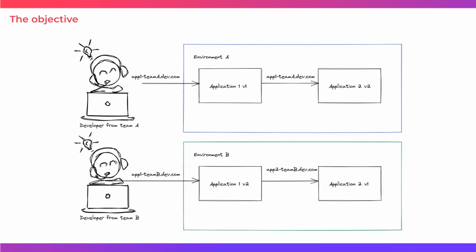The idea was to make sure that all the applications were deployed with the same version as the production one. And when a developer from a team wants to try out a few modifications, he would just have to deploy his application with the new version and see how everything goes.